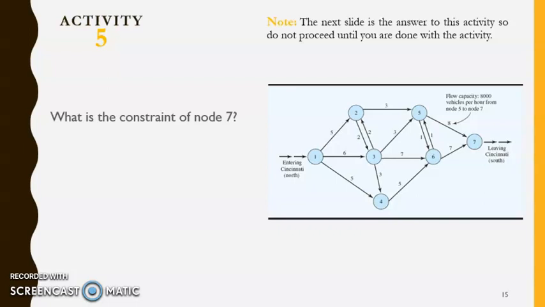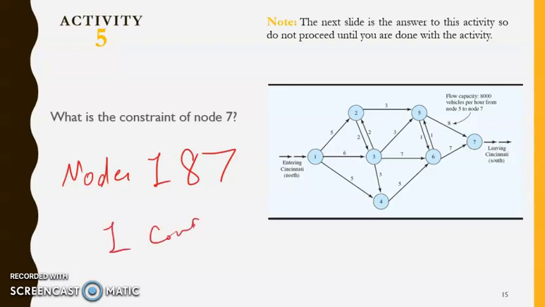Let me tell you the point. The reason that we are writing the constraint related to nodes 1 and 7 together is that for nodes 1 and 7 we have only one constraint. The reason is the objective function that you see.